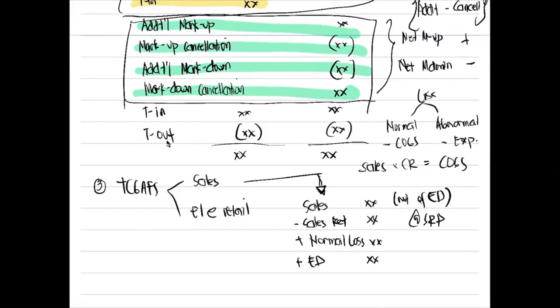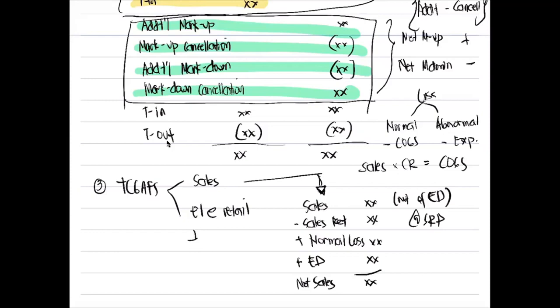Clear? However, here in your employee discount, it is not applicable to all. It is only for your employees, and your sales here is initially recorded net of employee discount. Therefore, since that is not uniform to all, it will distort our percentage. Then we need to add it back. So this is now your net sales.